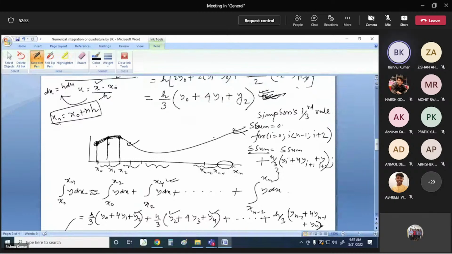What will it be? Outside, I am writing the Simpson one-third rule output, suppose. Its answer will be h by 3, meaning 2 by 3 outside, inside the first point plus last point, plus 2 into the intermediate even points, y2, y4, plus 4 into the intermediate odd points, y1, y3, y5.